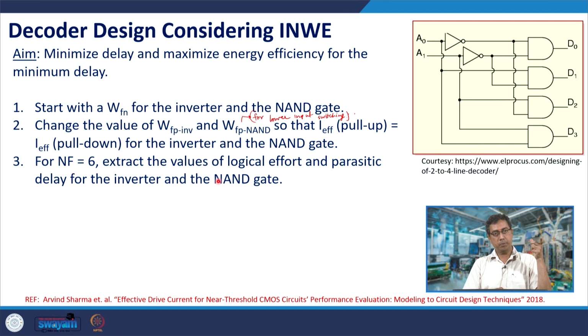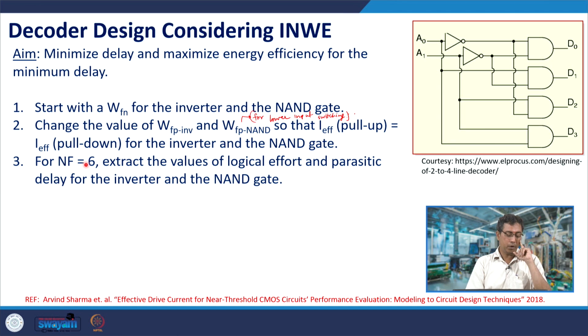So, for a single input switching, the pull up and pull down transition times of the NAND gate also now match. We use this P MOSFET finger width for the inverter, this P MOSFET finger width for the NAND gate, and this N MOSFET finger width for both.